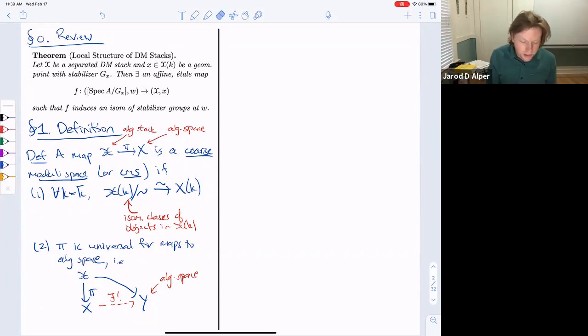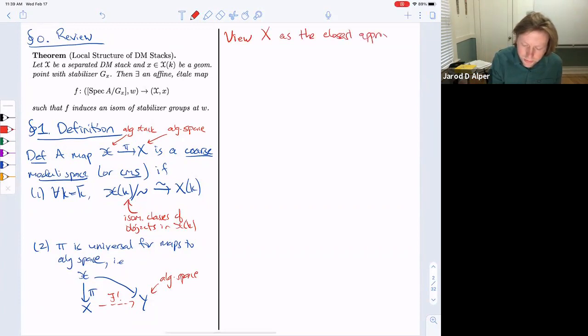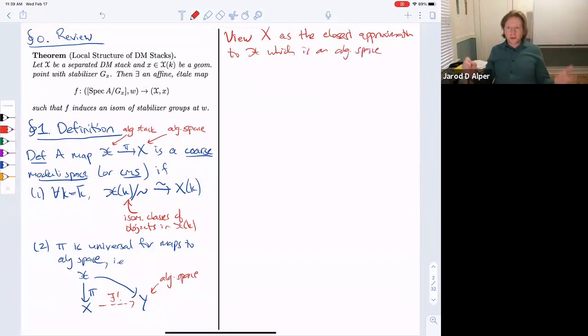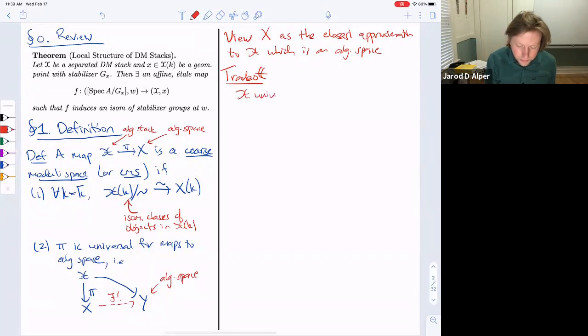The reason why we care is we view the coarse moduli space X as the closest approximation to the stack, which is an algebraic space. So there's a trade-off here. The stack has universal properties. For instance, there exists a universal family.